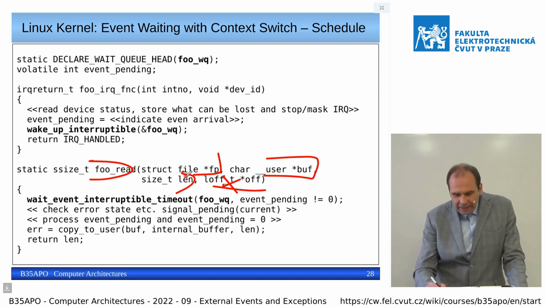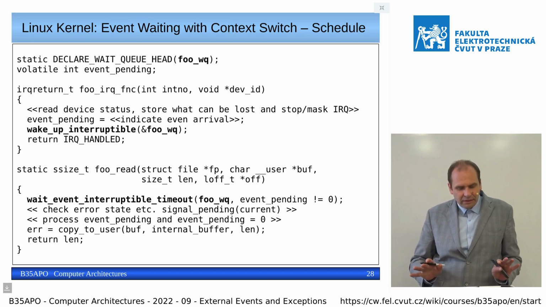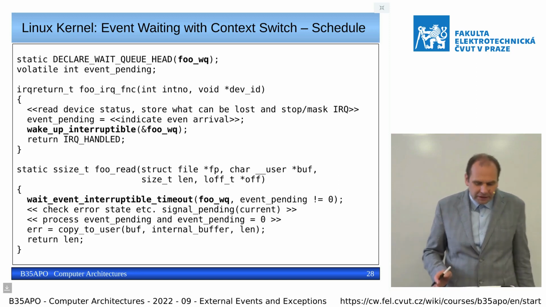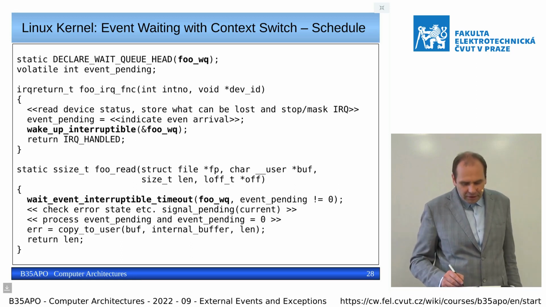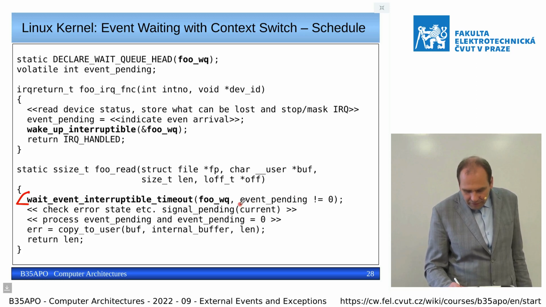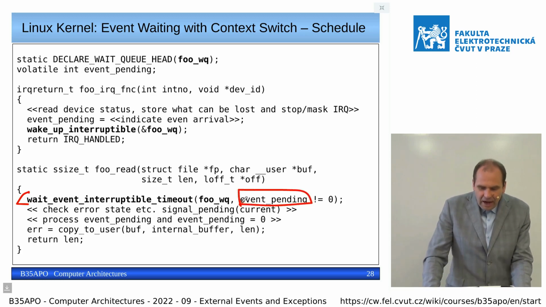And what we do there, we first set up, usually, that we want to get the interrupt and so on, but it is usually done at open time. And now at the time when we want to read, we say we want to wait for the event when there is the interrupt pending or data are available.